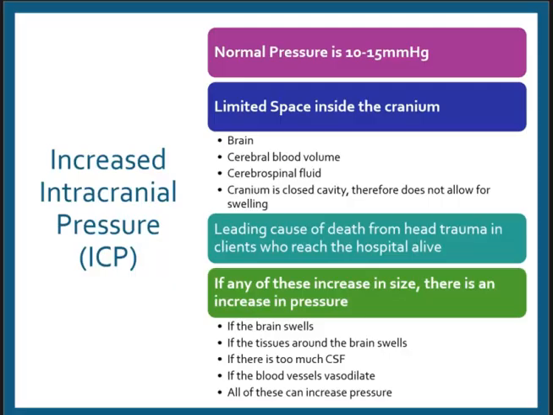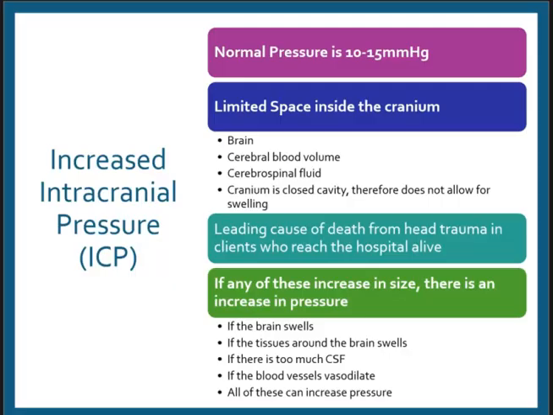The leading cause of death from head trauma in clients who reach the hospital alive is increased intracranial pressure. When it increases so much, your brain can herniate, or you get lack of blood flow, lack of nutrients and oxygen. If any of these increase in size, there's an increase in pressure. So if the brain swells, you're going to have less room for oxygenated blood or CSF fluid.